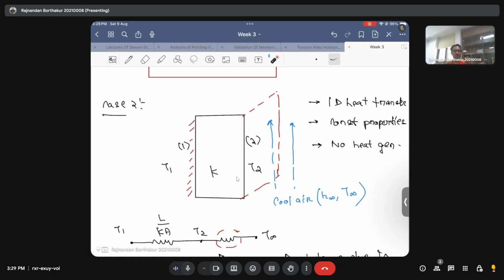Given the temperature at the extreme nodes, and the material properties along with the dimensions, you can evaluate the resistance and the rate of heat transfer using the resistance network. This is why I said this is one of the most powerful things when we study conduction heat transfer, because we can write the rates of heat transfer or the heat flux.